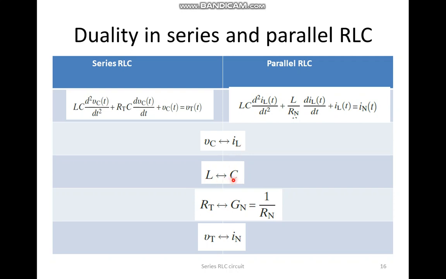Similarly, L and C are dual of each other, RT and 1 over Rn are dual of each other, and Thevenin voltage and Norton current are dual of each other, as is represented in these equations.